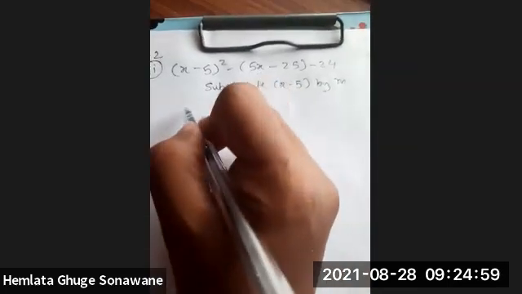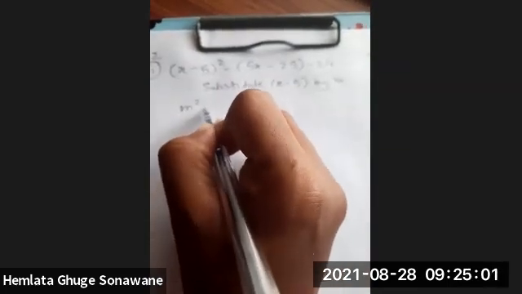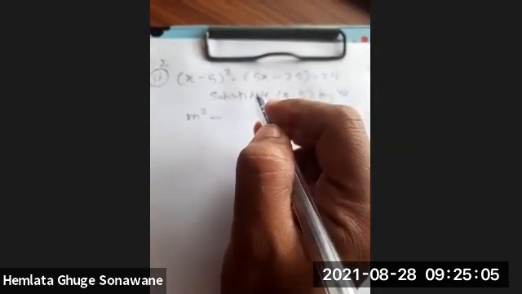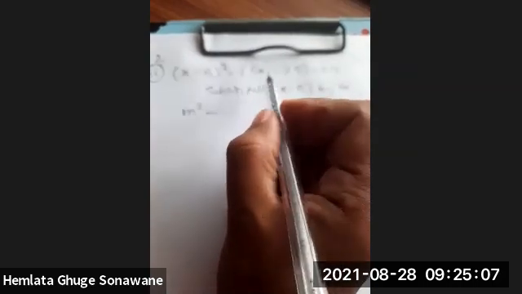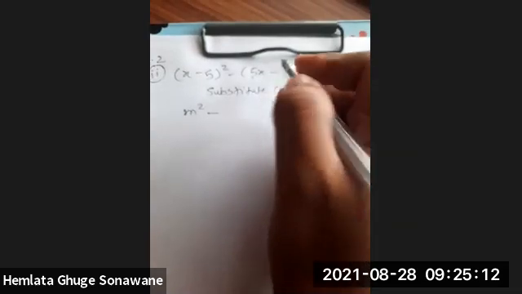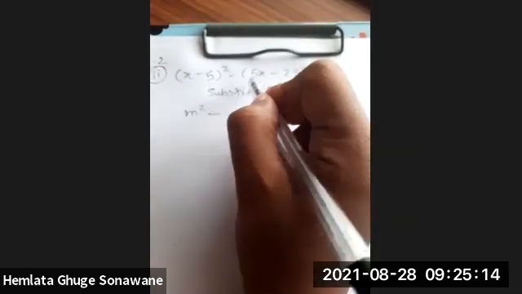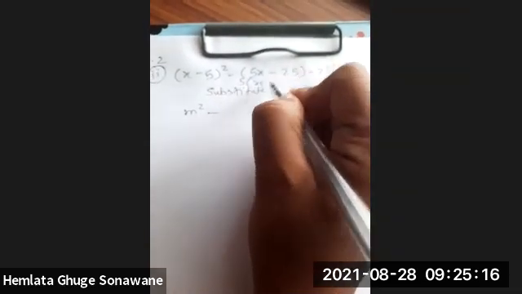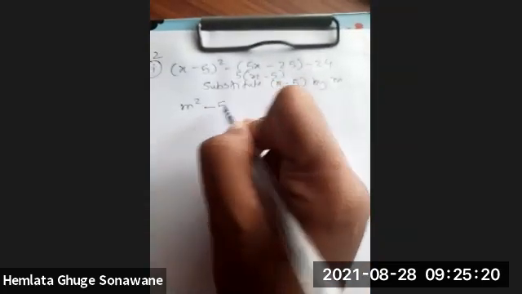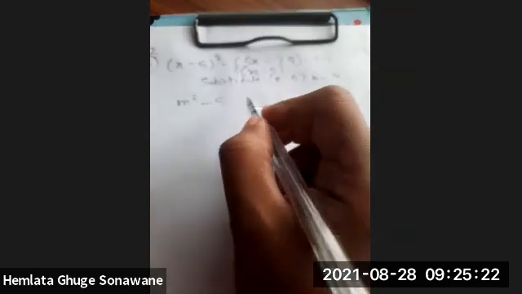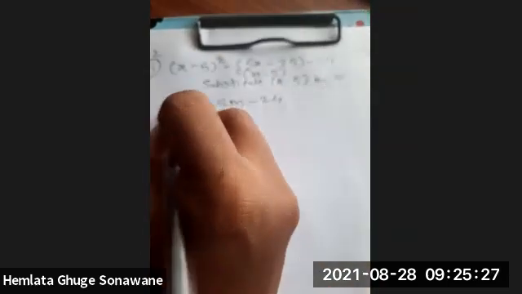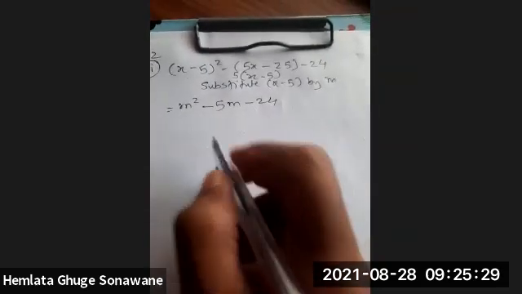So the equation becomes m square minus, we'll take 5 common here, so that our bracket becomes x minus 5. So 5, x minus 5 becomes 5m, minus 24 as it is. Okay.